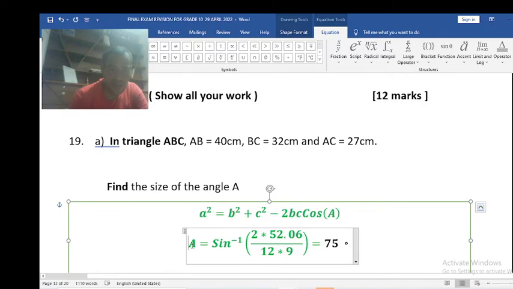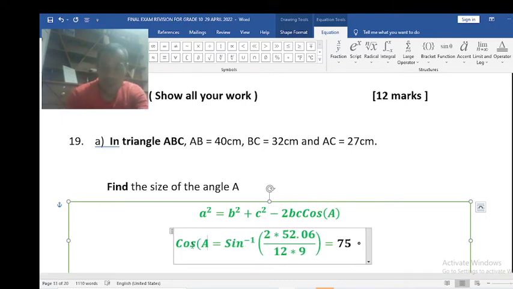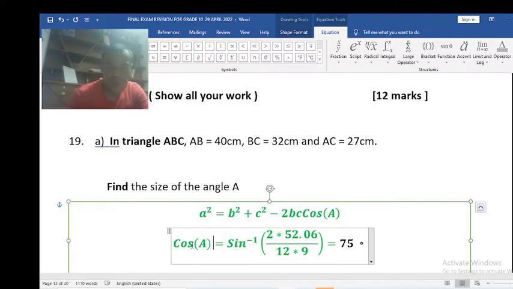So just write here, cosine of the angle A is equal to what?